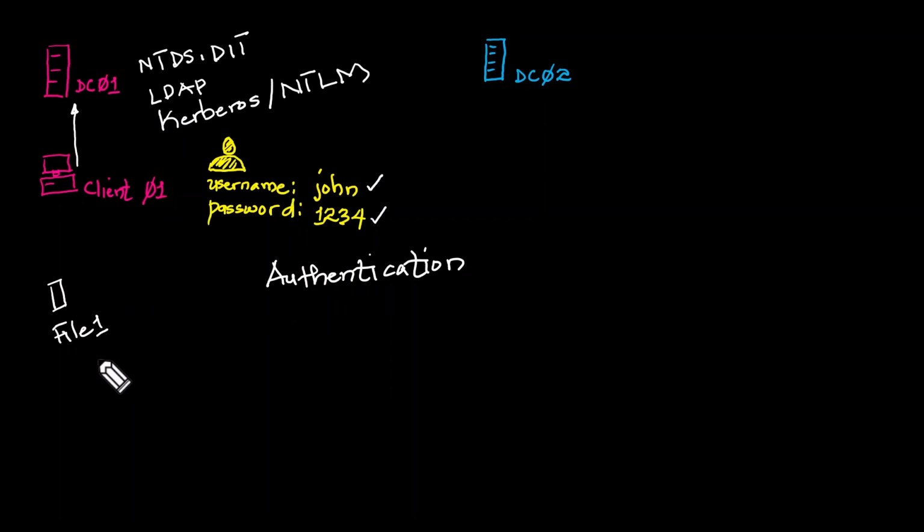even though the user was authenticated and the user does exist on the Active Directory database and was able to log in, let's suppose that John works in the IT department, right? So John works in the IT department, but this file is actually a payroll file.